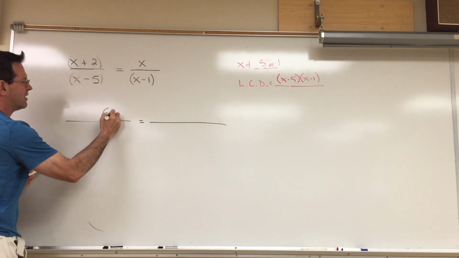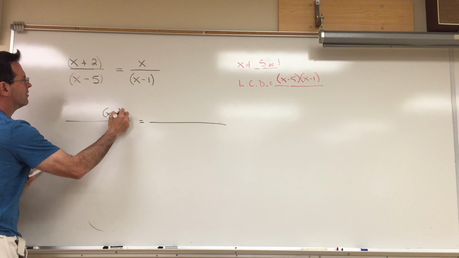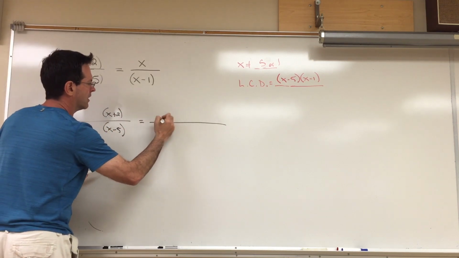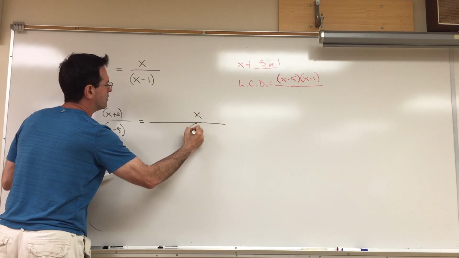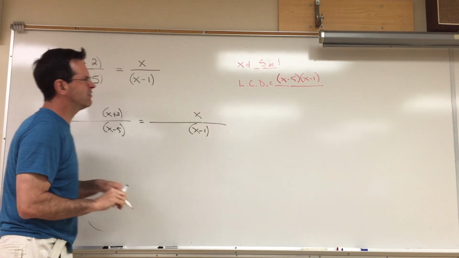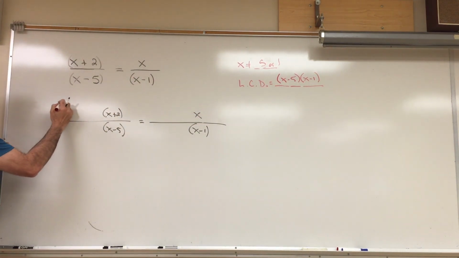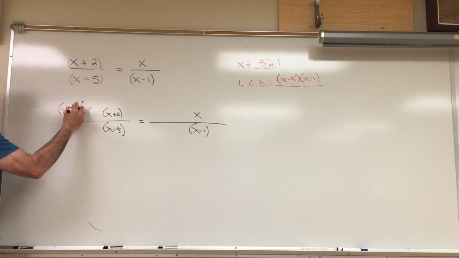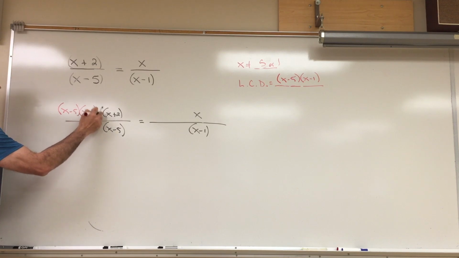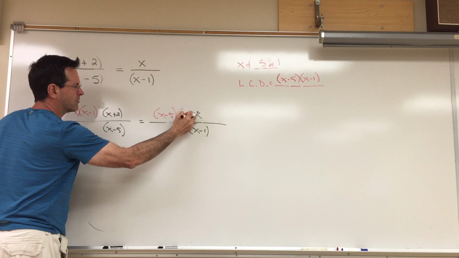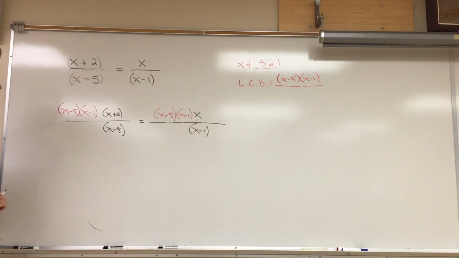So I still have the x plus 2 over x minus 5, and the x over x minus 1, but I'm going to multiply the LCD, x minus 5 times x minus 1, into the numerator of each term.